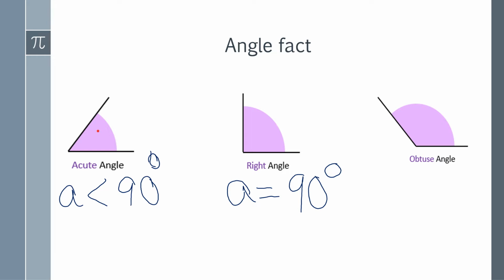If it's an obtuse angle, it's going to be greater than 90 degrees. These are 3 point facts that I will be questioning you on. So see to it that you definitely know what's up on that.